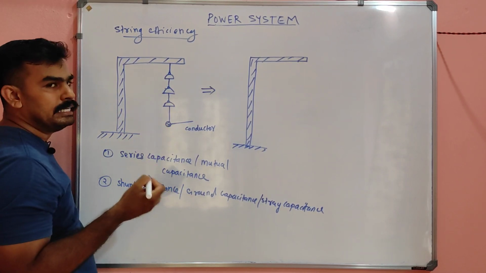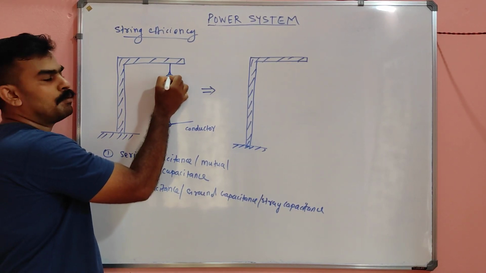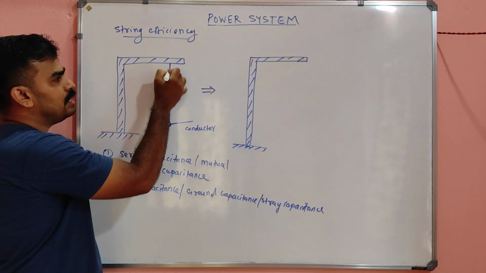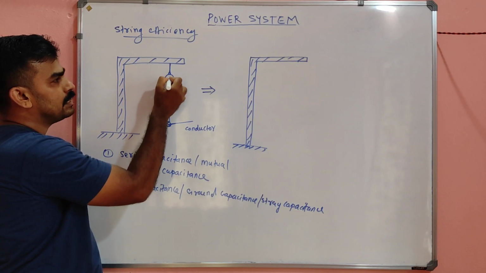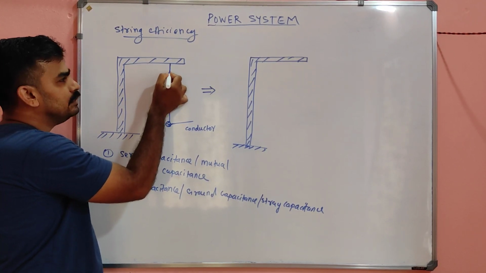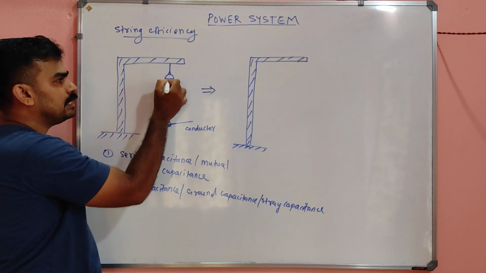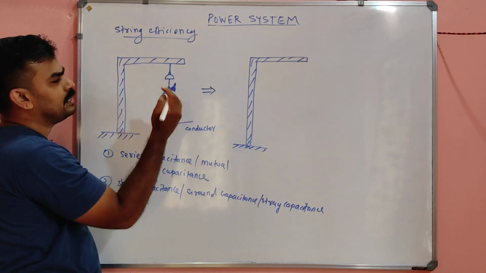So in short, consider this disc: one end is connected to the ground and the other end is connected to another conductor. This is a metallic link, so it acts as a conductor.